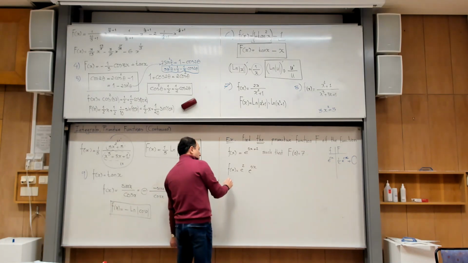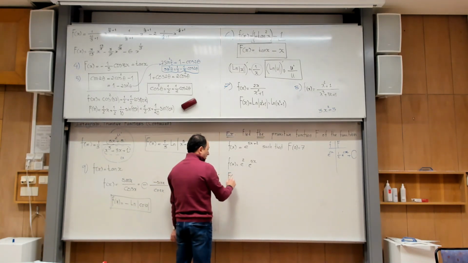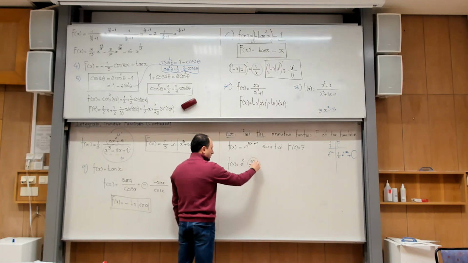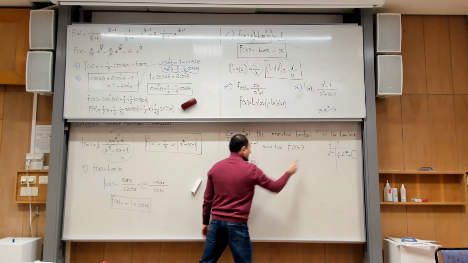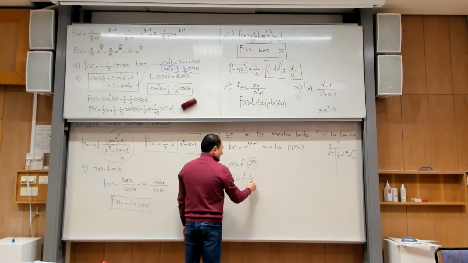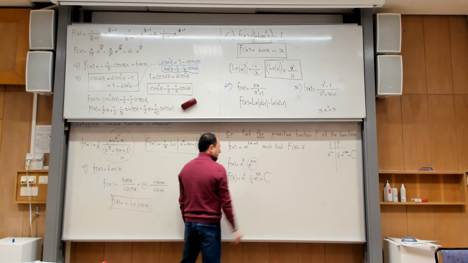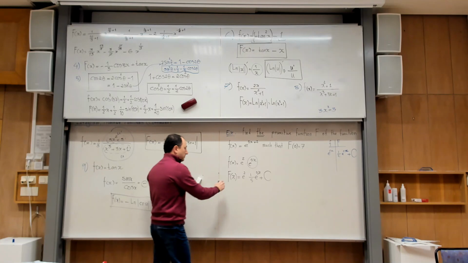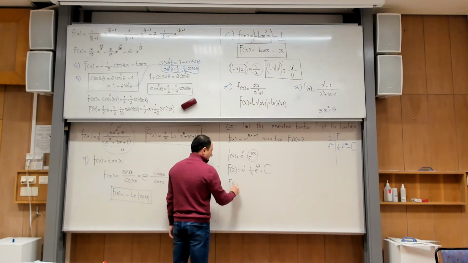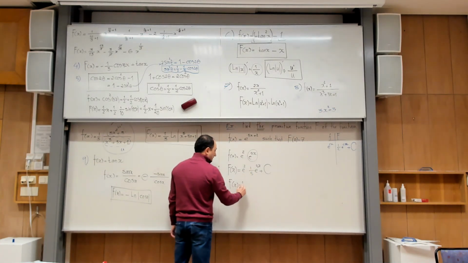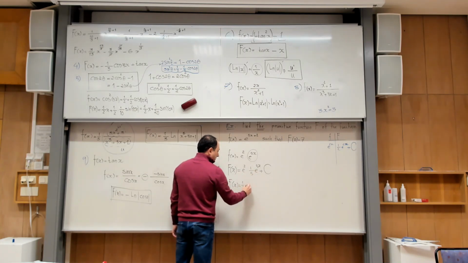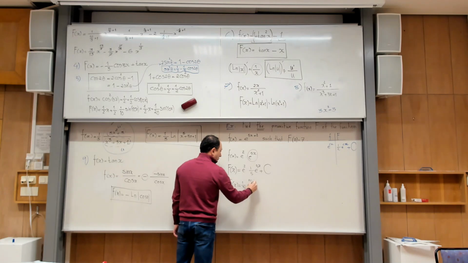And then if I ask you what are all primitive functions for little f, this is just a constant, and for this one I have the formula 1 over 5 e to the power of 5x, plus a constant c. Let me simplify that. So F of x is equal to 1 over 5 e to the power of 5x plus 2, plus c.